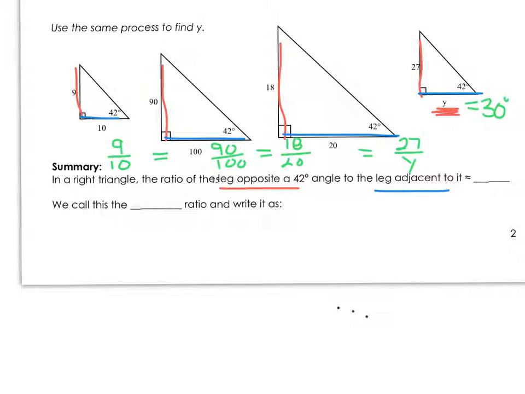Every single time, that ratio is going to reduce to 9/10. This is called the tangent ratio, and how we write this is tan, short for tangent, 42 degrees equals 9/10. That's the opposite leg over the adjacent leg.